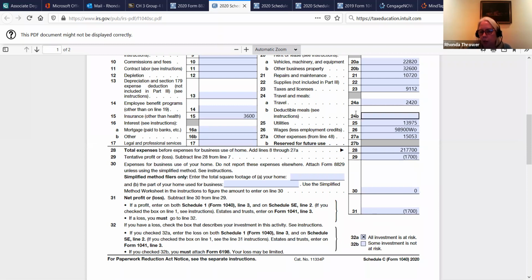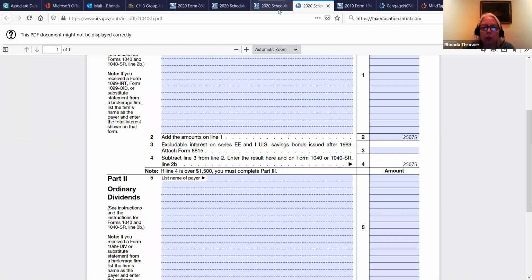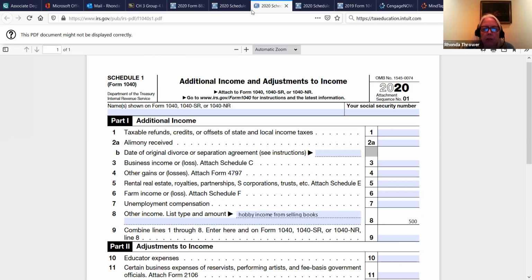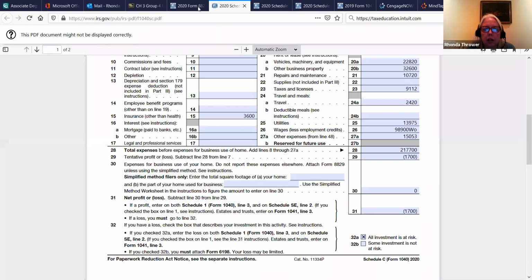It's basically an income statement, revenues minus your expenses. But then they throw in this stuff for home office. So you got to figure out if you can take that or not. So this 1,700 is going to end up going back to your 1040 form. See, that's Schedule B, wrong one. That's Schedule 1. Okay, where's my 1040 form?